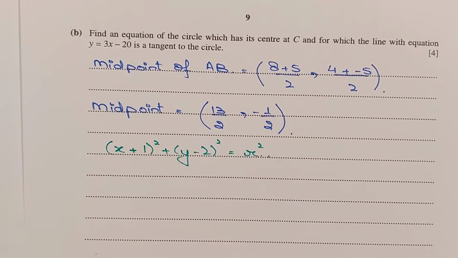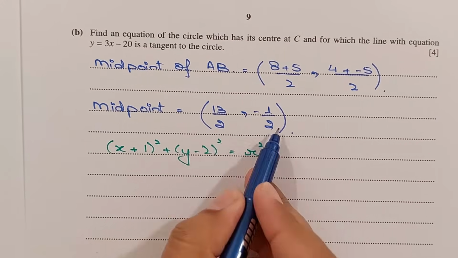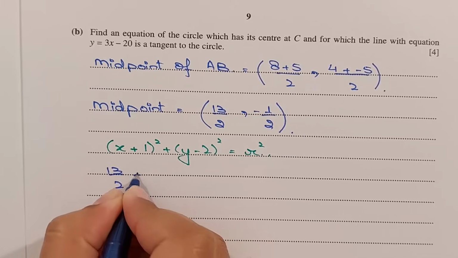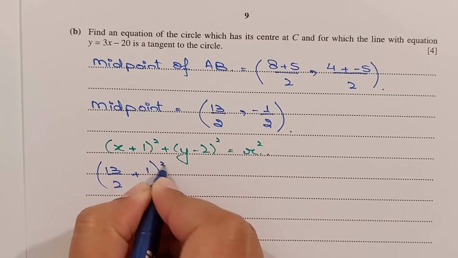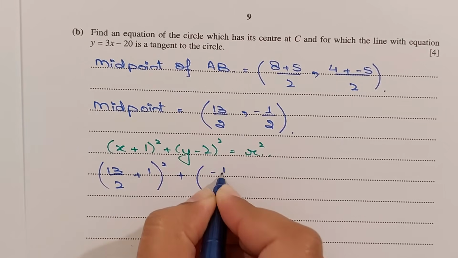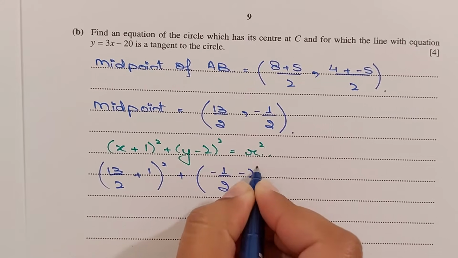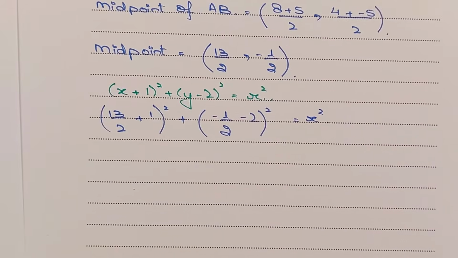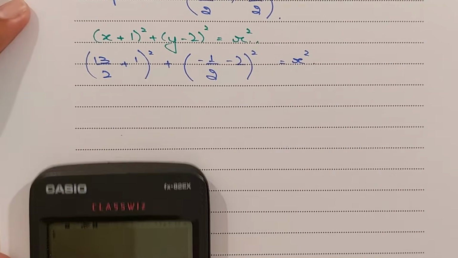Right, so we have to find the radius by substituting the x and the y value here. So this is 13 by 2 plus 1 whole square plus minus 1 by 2 minus 2 whole square equals to radius square. Right, so let me solve for the radius.